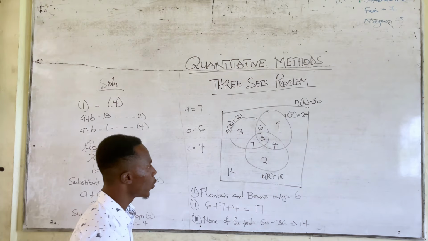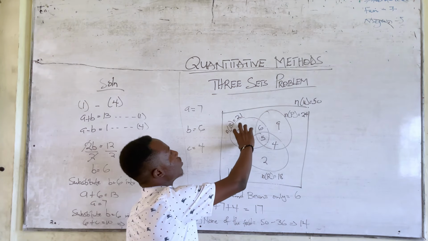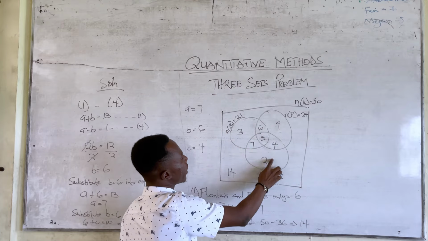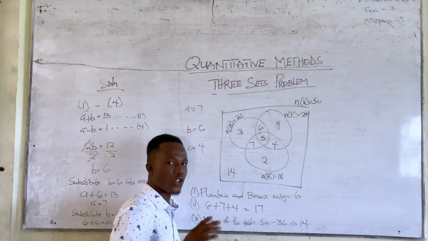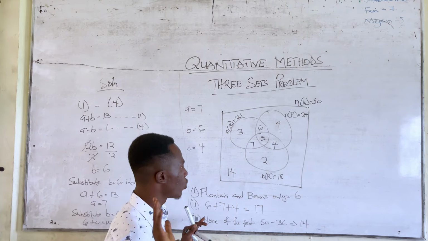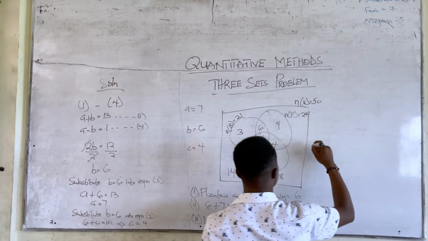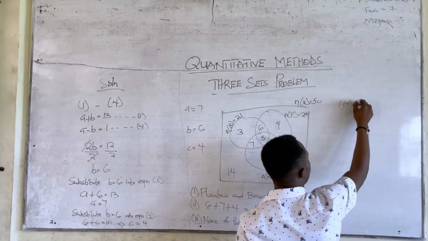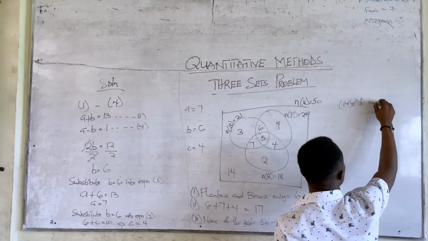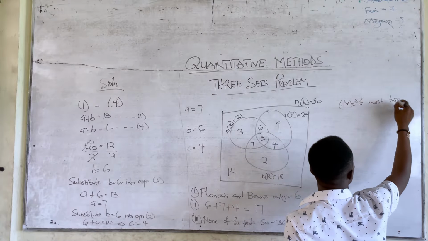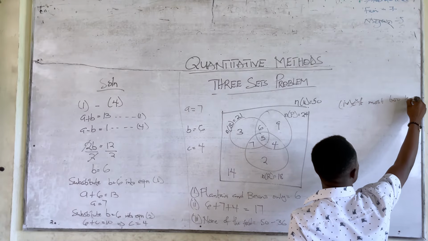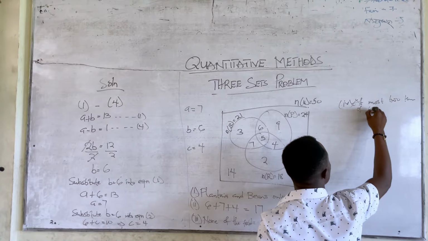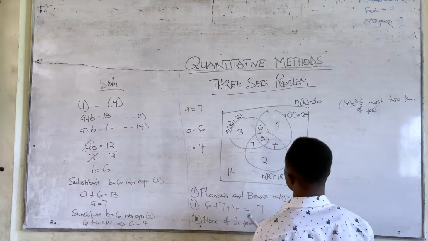Do you get it? So it means those here, okay, and those here. The three people are not part because we are saying at most two. Okay, so the IV, at most two kinds of food.